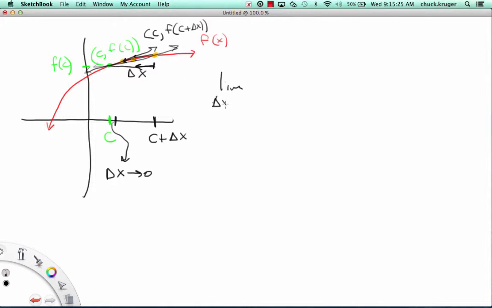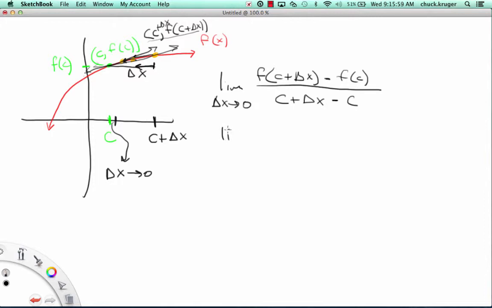As delta x approaches 0 of, notice this is my yellow point, so it's going to be f of c plus delta x minus f of c over, and I screwed up here, this should be c plus delta x minus c.